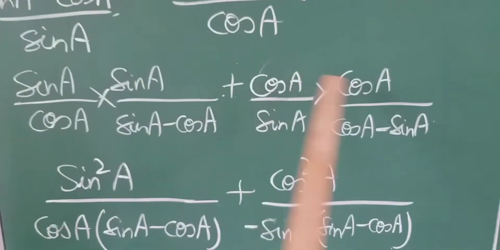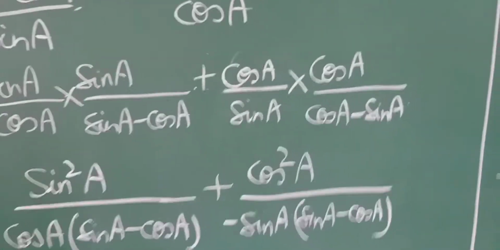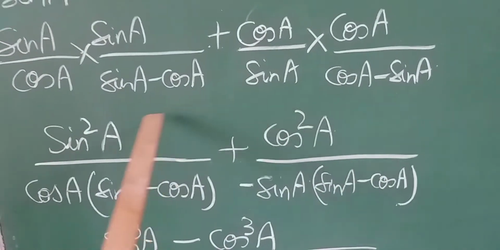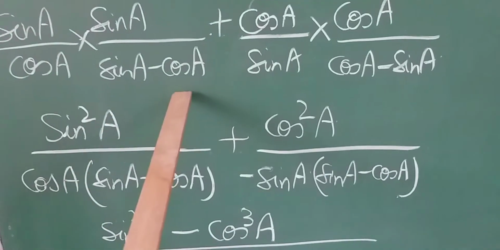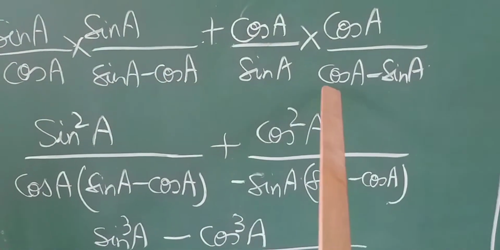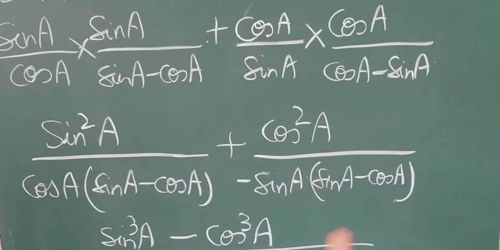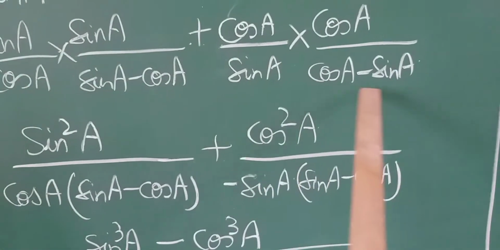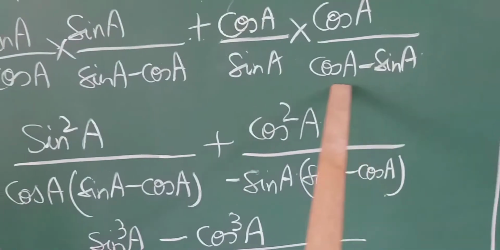Now students, when we compare, we can see here it is sin A minus cos A, it is cos A minus sin A. To make them equal, we can take common minus 1 from here.